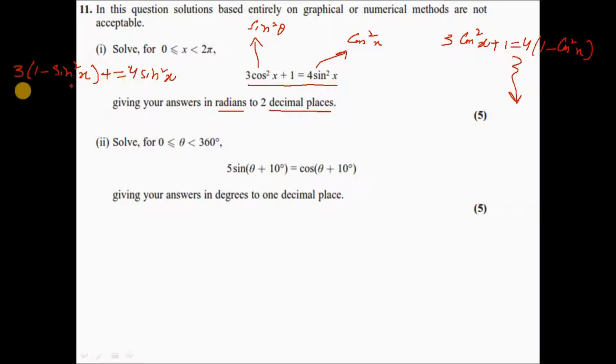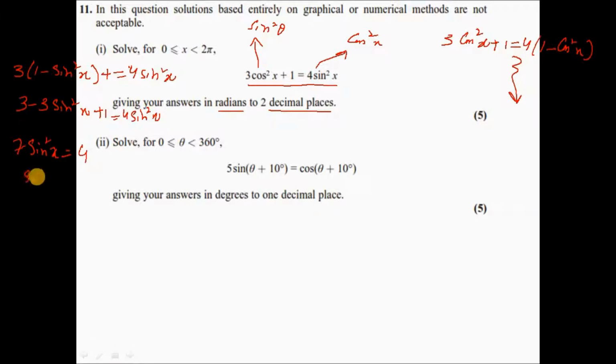If you simplify this equation, it will be 3 minus 3 sine square x plus 1 equals 4 sine square x. Moreover, separating, minus 3 goes over there as plus, so 7 sine square x equals 1 plus 3, which is 4.